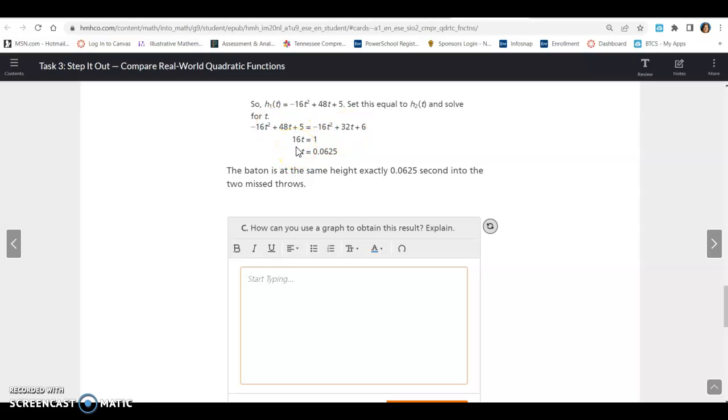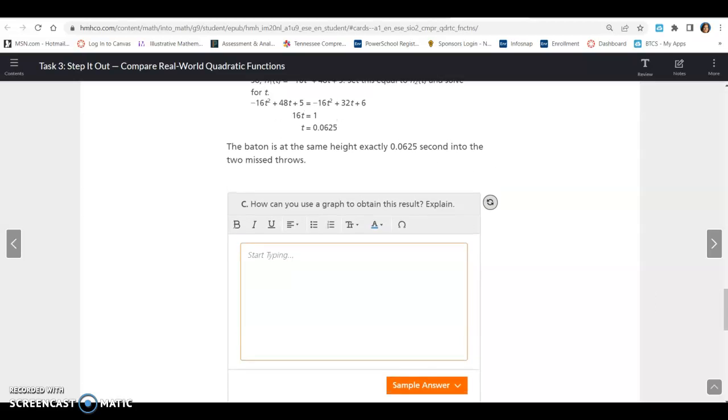This says 16t equals 1. Divide both sides by 16. After time t is 0.0625, so it's a fraction of a second. So the baton is at the same height exactly 0.0625 seconds into the two throws. That's a very exact number there.